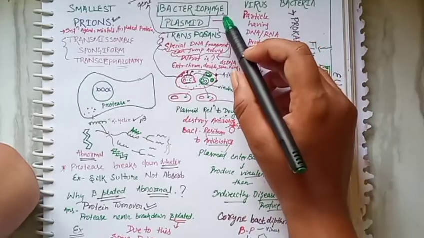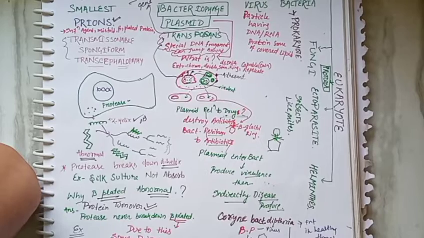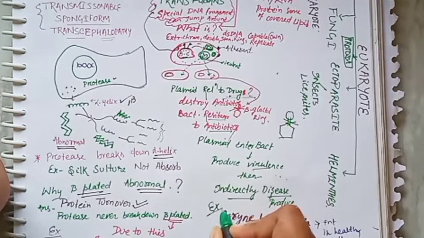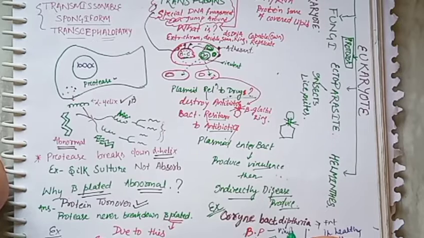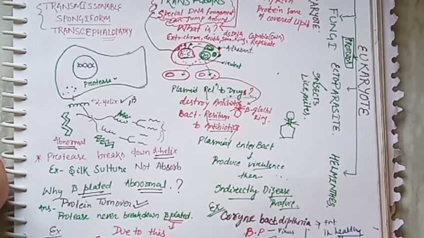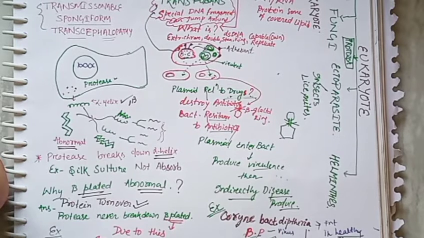Then we go towards the bacteriophage. What is a bacteriophage? We discuss it by giving an example of Corynebacterium diphtheriae. Corynebacterium diphtheriae is a healthy bacteria which is present in some people's throats. What happens when Corynebacterium diphtheriae has a bacteriophage infecting that bacteria?